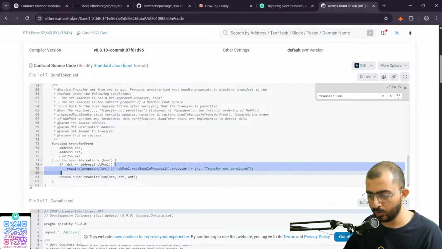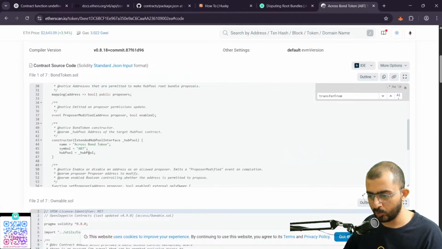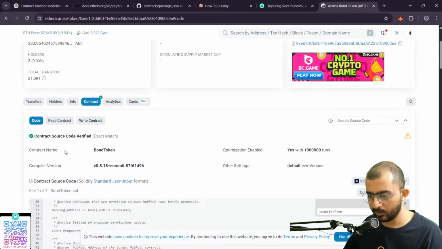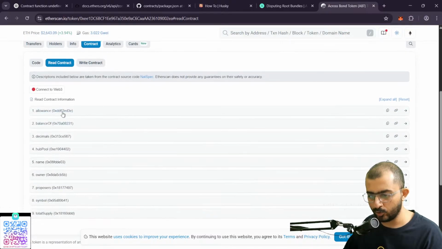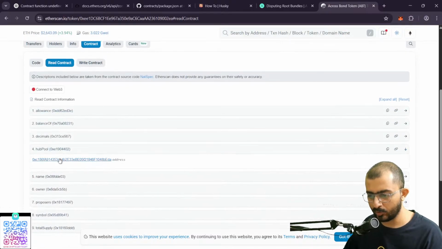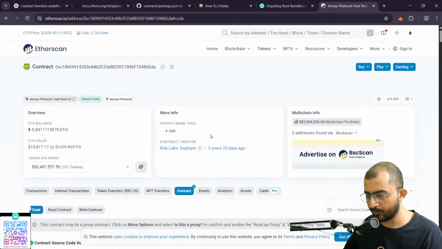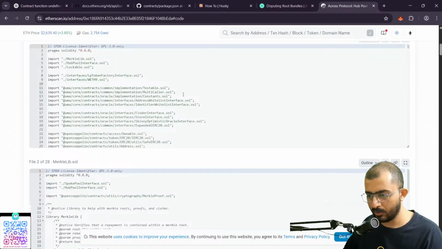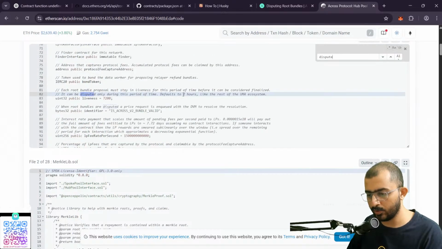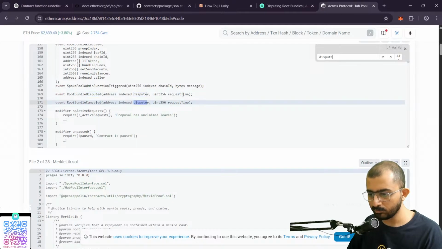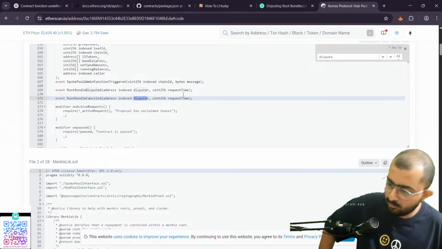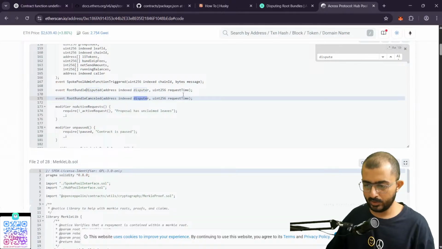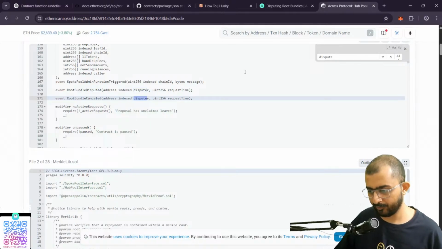Let's see the hub pool. Hub pool. Read a contract. There should be hub pool. Yes. And dispute. Oh, we should go through these events and see how things are.